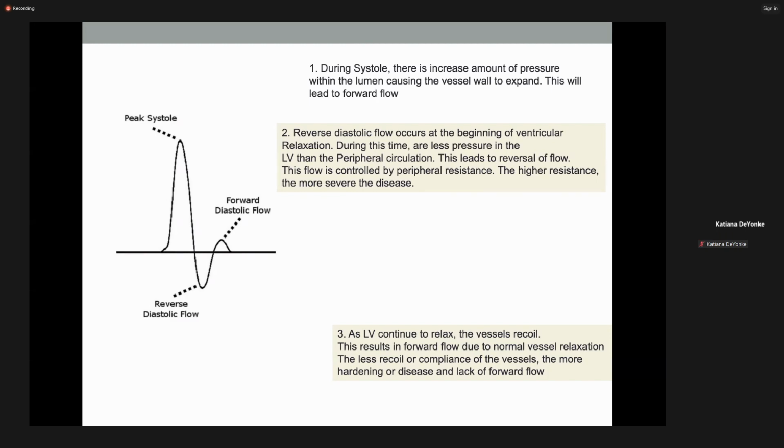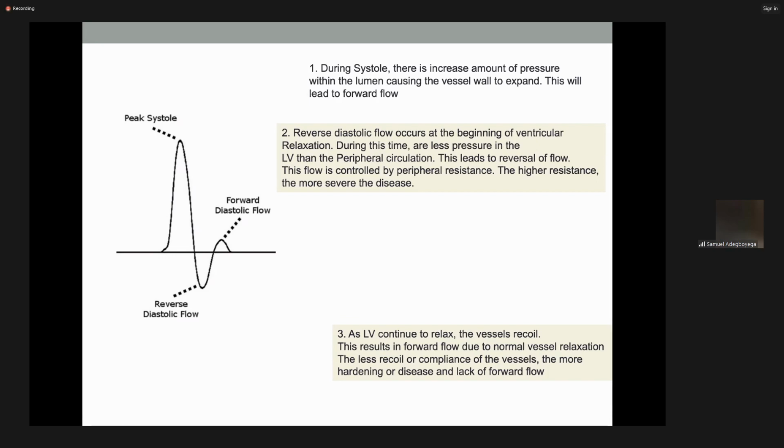No. It's hard. When you have a calcified vessel, is the compliance of the vessel high or low? Low, exactly. So if it's low, can you have a vessel recoil? No.